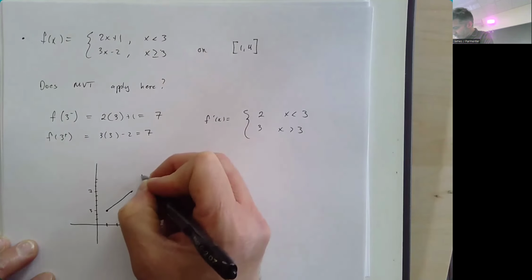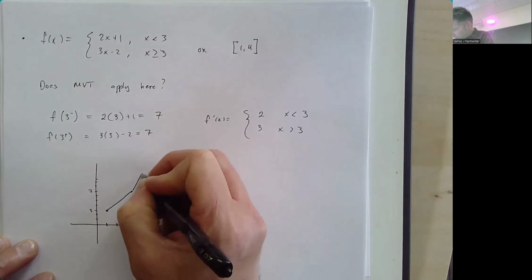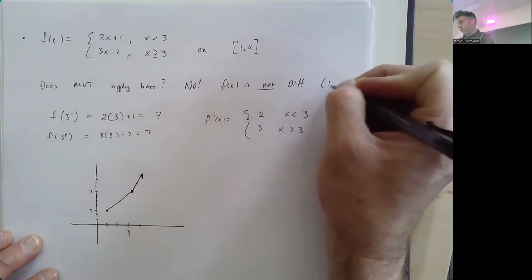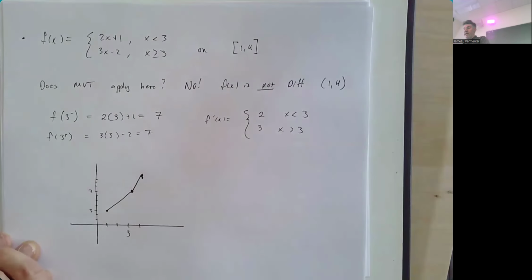I should make that point a little higher. We've got different slopes on the left and the right of 3. That function has a corner. It's clearly not differentiable. So the mean value theorem does not apply because f of x is not differentiable on the entire open interval from 1 to 4, specifically at x equal to 3.